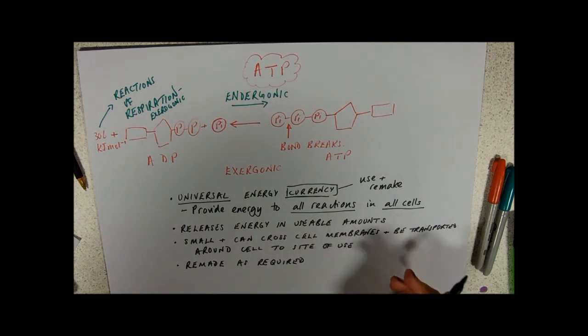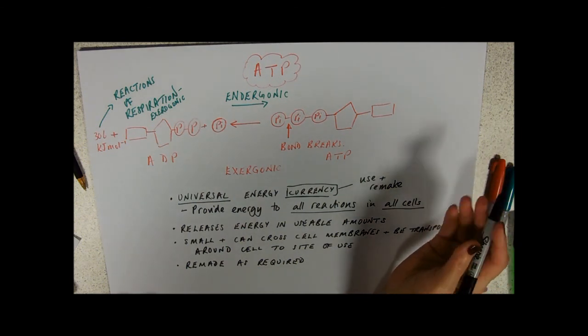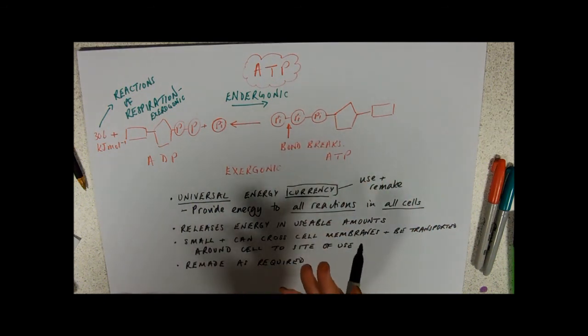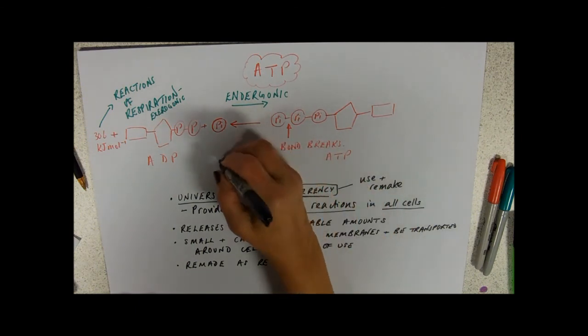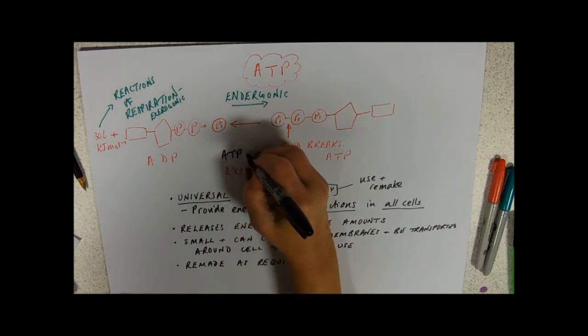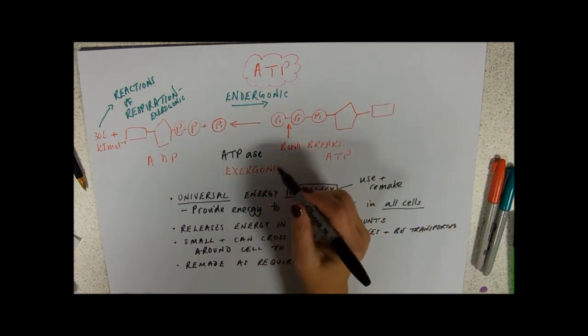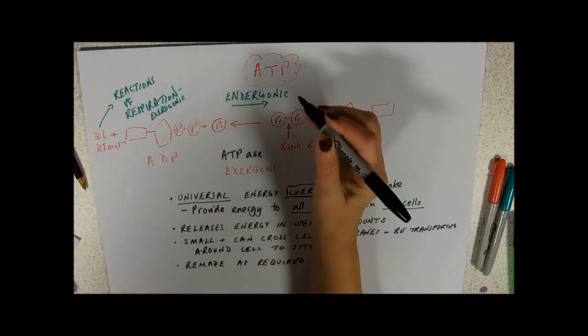So the only other two things that I think you should know: if we're breaking this bond, it's not going to just spontaneously break and release some energy. You need an enzyme to do that. If we're breaking it, we're using an enzyme called ATPase that will break down ATP into ADP and phosphate and release the energy.